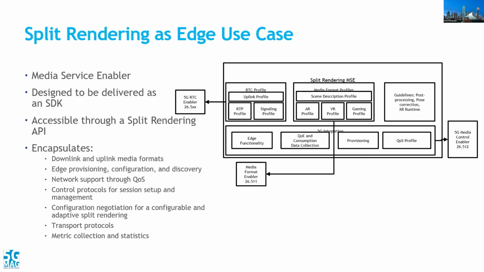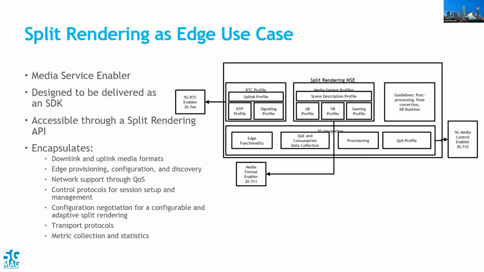We have a concept that's called media service enablers. So we want to design this to be a form of SDK that application developers can use if they have a processing hungry application that they want to split the load and delegate the load to the edge.